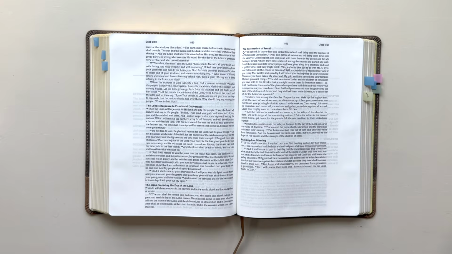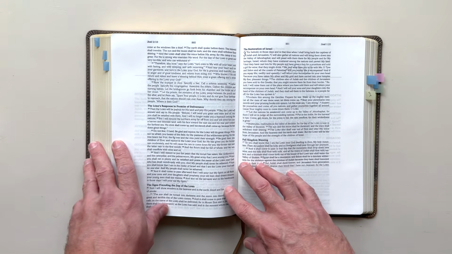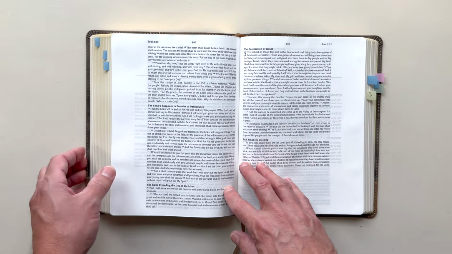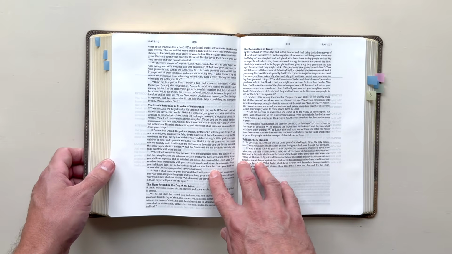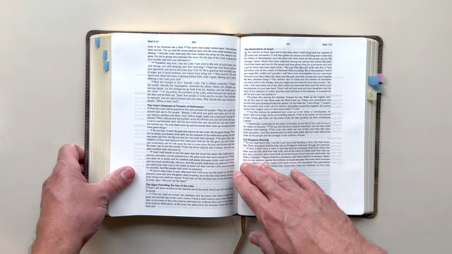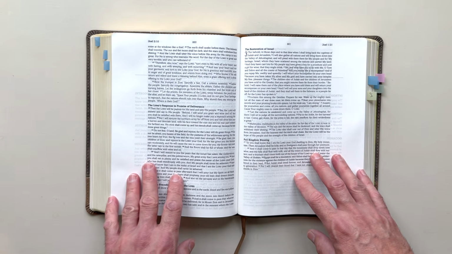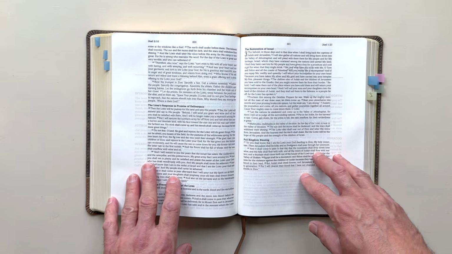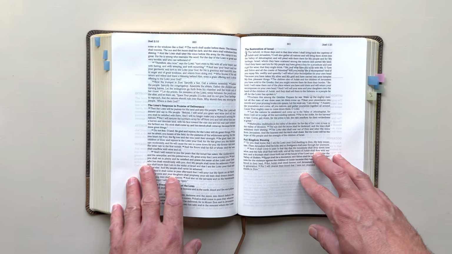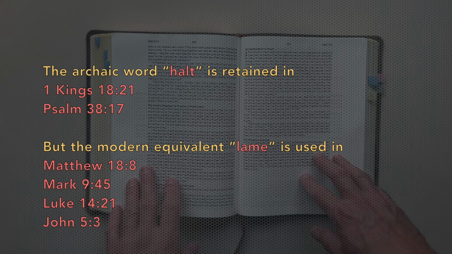Let's talk about the archaic words and the statement they made, that the changes were not applied globally. I'm just going to put these up on the screen instead of flipping through the Bible. That'll be a little quicker. So on the screen, we'll talk about the word halt. The word halt is retained in two places in the Old Testament: 1 Kings 18:21 and Psalm 38:17.